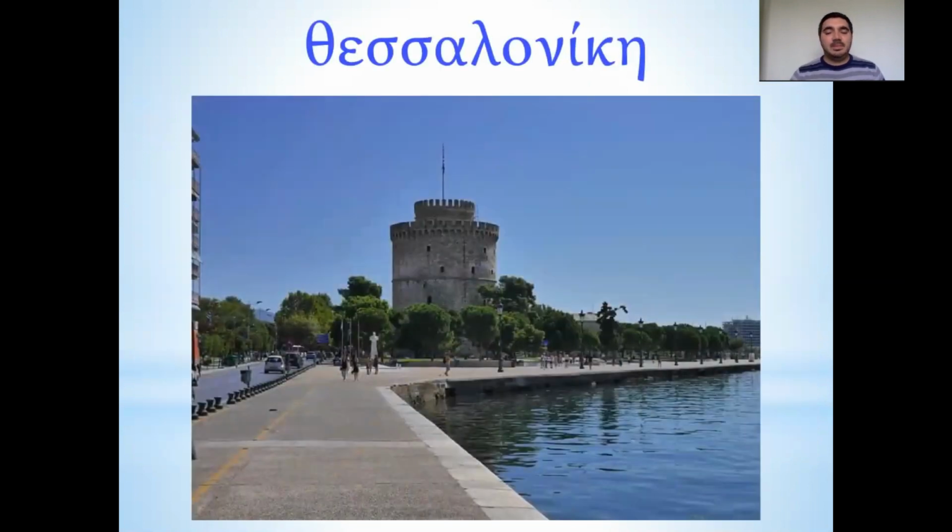This is another important city in Greece. Thessaloniki. You see, the stress accent tells us how to pronounce the words in Greek. As you can see, the stress accent is on the iota. So it is Thessaloniki.